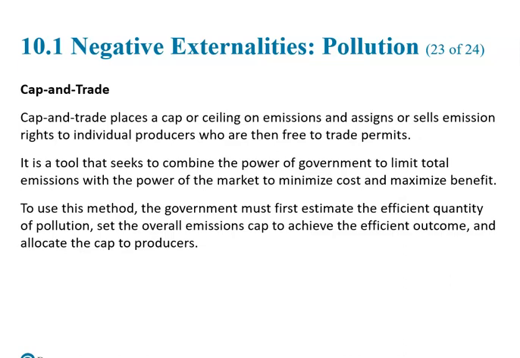But in order to make sure that this process works correctly and smoothly, the government must first estimate the efficient quantity of pollution and then set the overall emissions cap to achieve the efficient outcome and allocate the cap to producers.